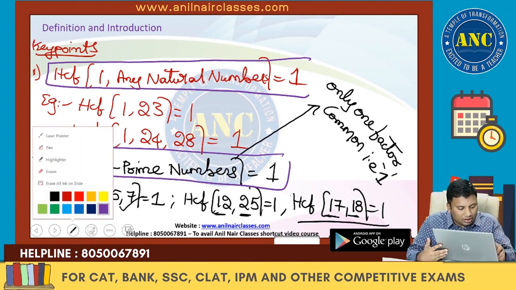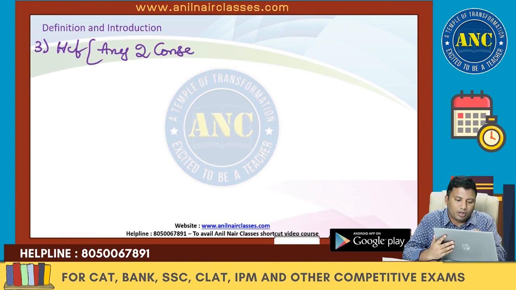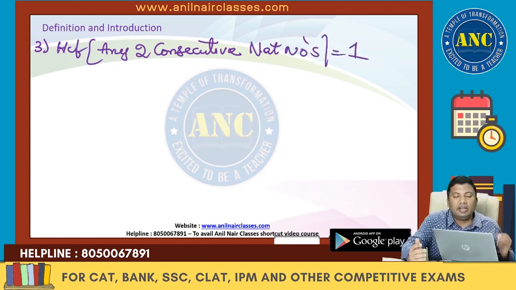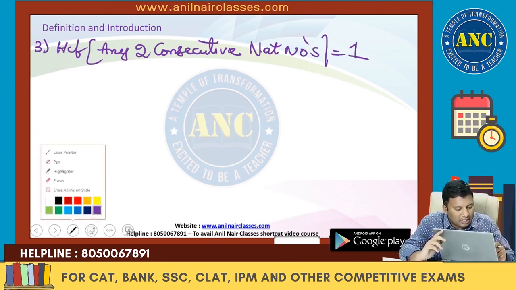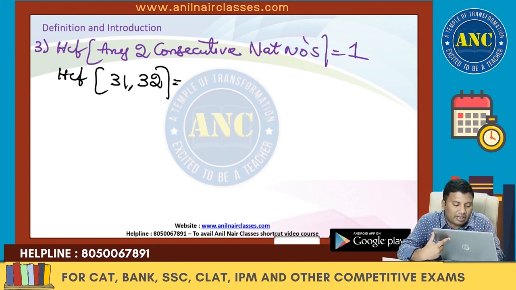Third key point. HCF of any two consecutive natural numbers is always 1. For example, HCF of 31 comma 32. 31 and 32 are consecutive natural numbers, so HCF is 1.